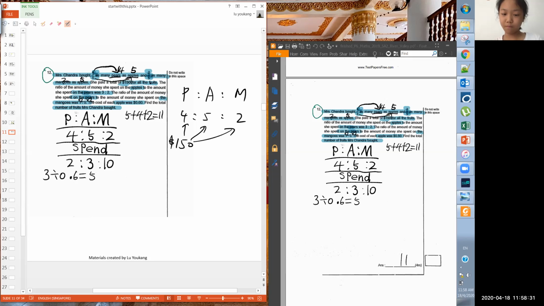Now the ratio of the amount of money she spent on apples to the amount she spent on the pears was 3 to 2. This one you should use each number and total. Let me show you.